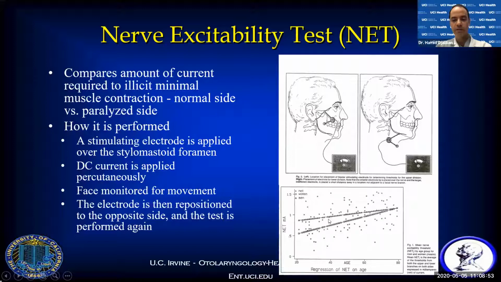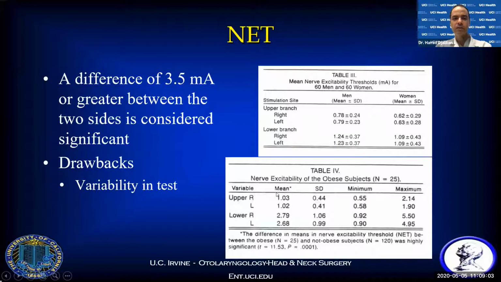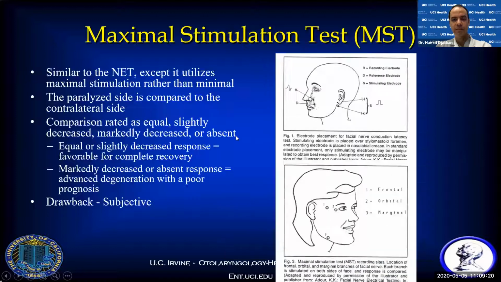This is sort of the averages, and I think the men are the triangles and the women are the circles or the squares. So they thought that if there was a difference of about 3.5 milliamps between the two sides, then you would consider that to be a significant difference. But as I said, because of the variability in testing, it really has kind of lost its appeal.